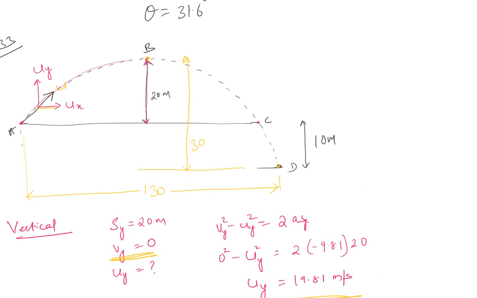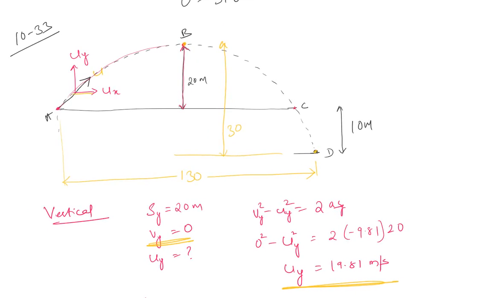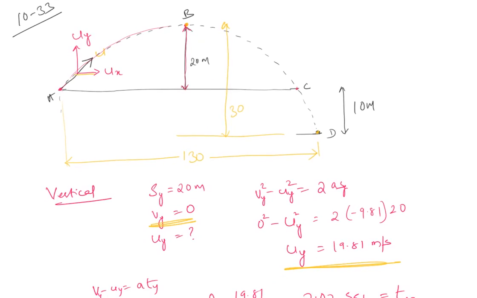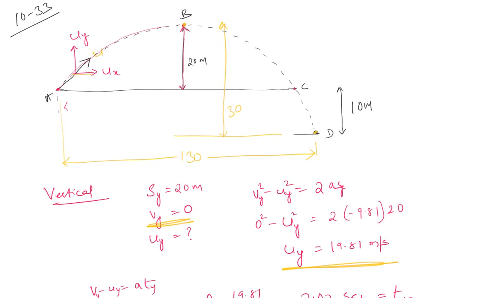Now it'll make sense to you why we were trying to calculate the time. We want to calculate the time because in this time, this time plus this time, from here to here, it has covered a horizontal distance of 130 meters.